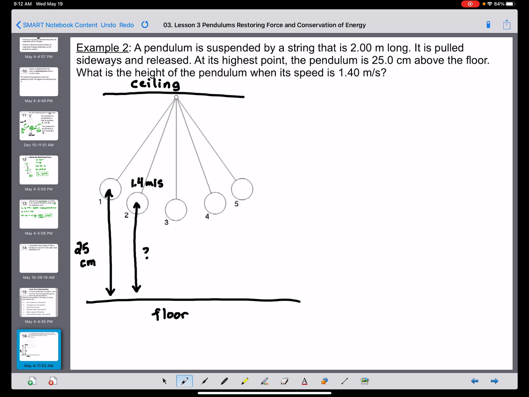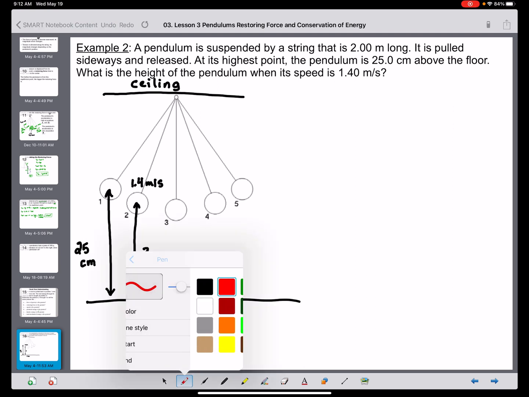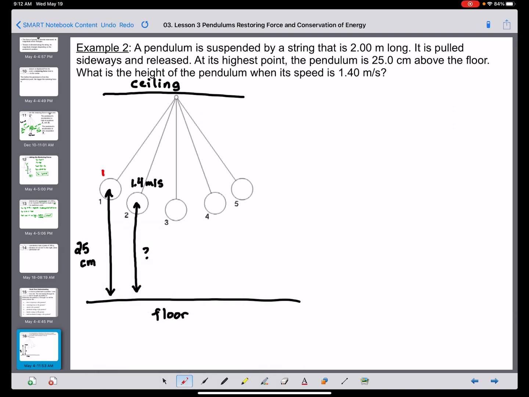So remember that when you're doing energy calculations, you want to pick an initial snapshot and a final snapshot. So for me, I'm going to say my initial snapshot is at position 1, and my final snapshot is at position 2. And I'm just going to make my variables list over here. So for the initial snapshot, the speed there is 0. Okay, and that's because we know that when a pendulum is at its highest point, the speed is going to be 0.